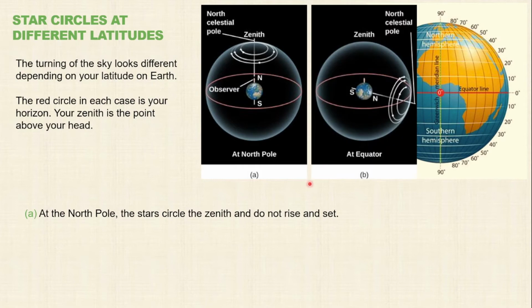And now, when I'm standing at the equator, the equator is out here, so I can rotate this Earth, just again for reference. When I'm standing at the equator, the north celestial pole is this one.